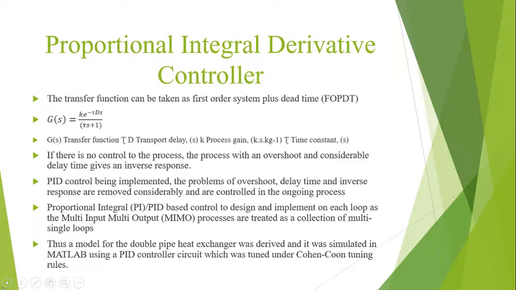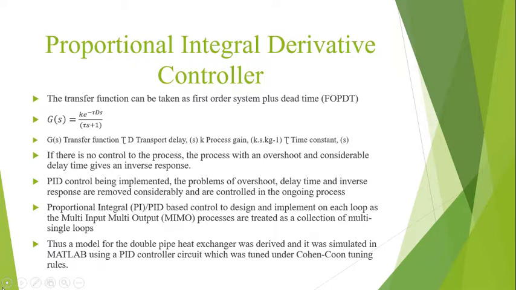And being able to do this in MATLAB, you're able to remove some of the problems that you would see if you did not have a control system: the problems of an overshoot, maybe even a considerable time delay, and it also shows that it almost creates an inverse response. By implementing a proportional integral derivative, a PID controller, you're able to reduce all those.